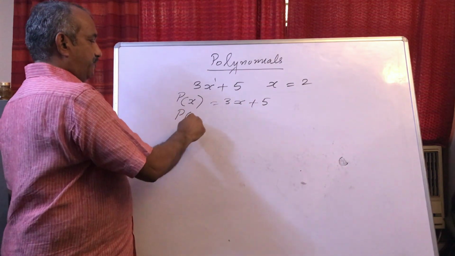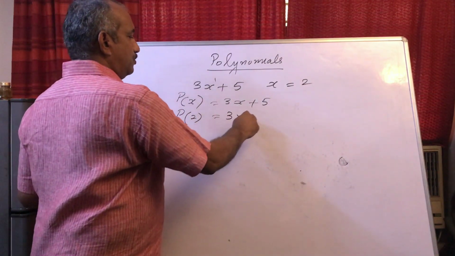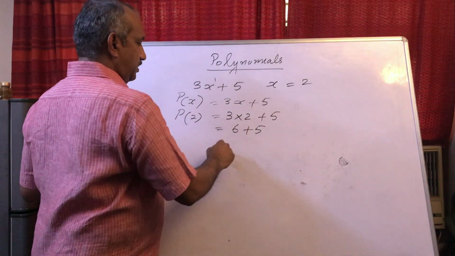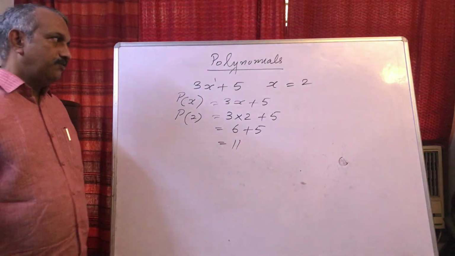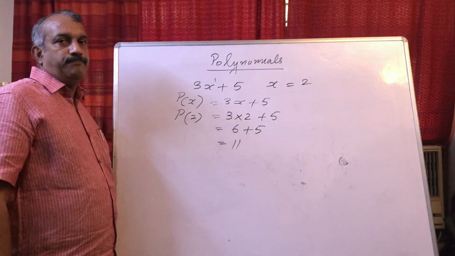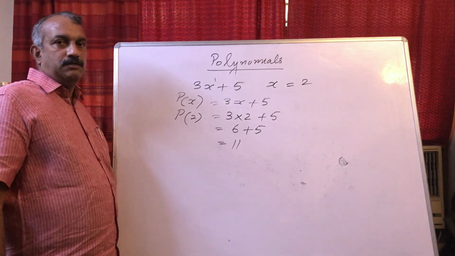Now p of 2 we have to find out. So 3 into 2 plus 5. So 6 plus 5 is equal to 11. So we say the value of the polynomial for x is equal to 2 is 11. So like this we can find the value of a polynomial.